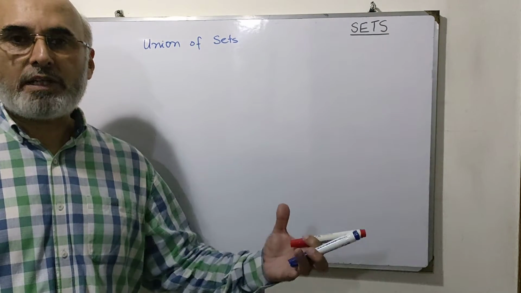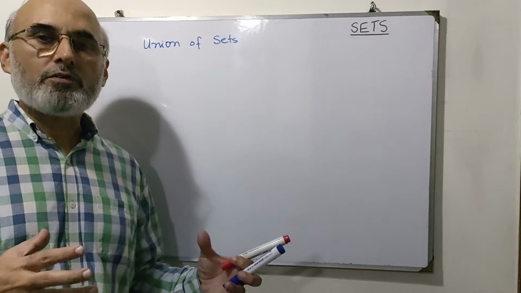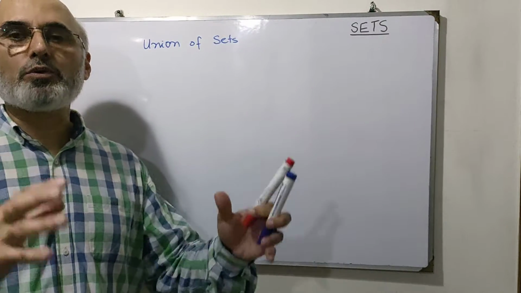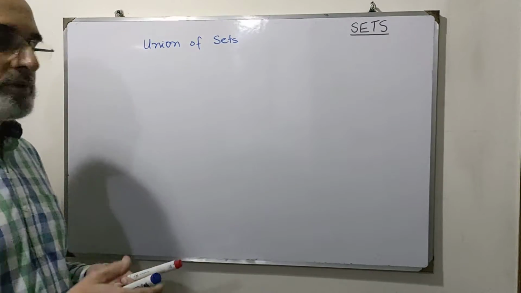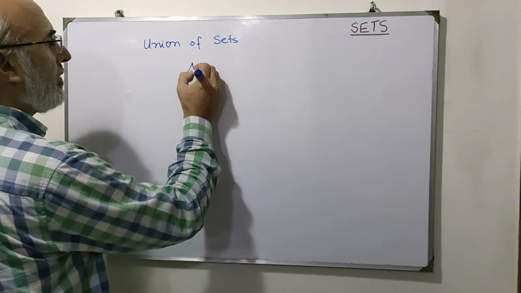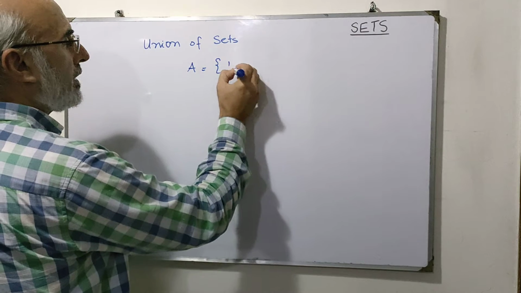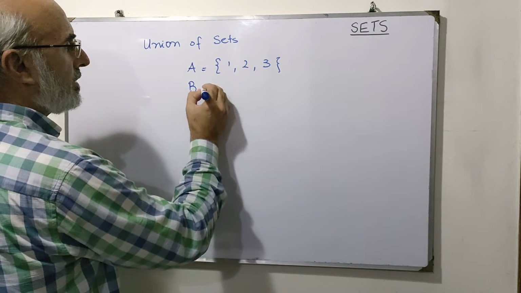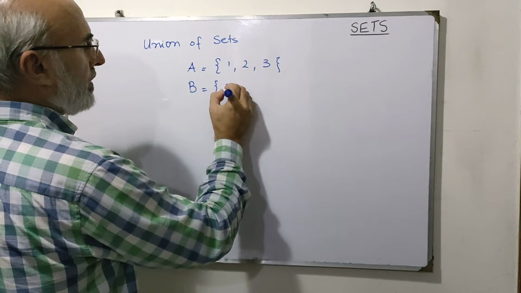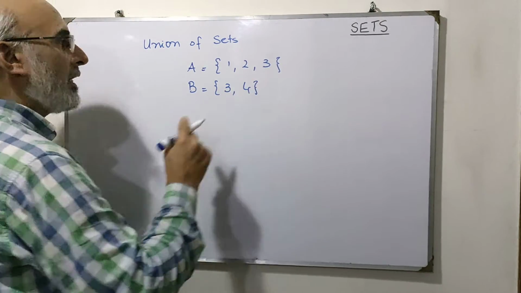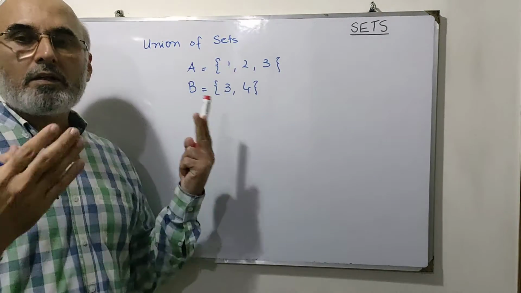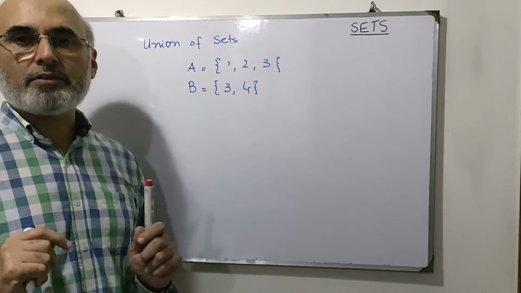If we have two sets, then the union will be the collection of all those elements which are in those two sets. Suppose A is equal to 1, 2, 3 and B is a set which is, let's say, 3 and 4, then its union is going to be all the elements in both the sets.